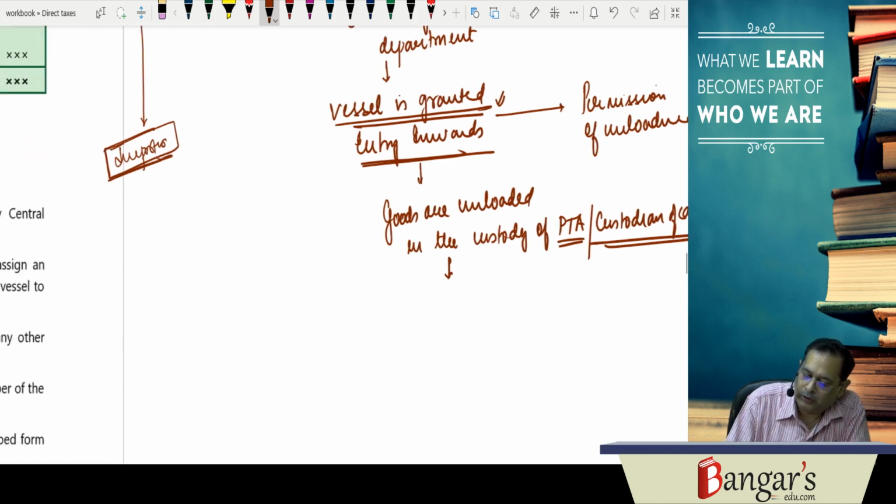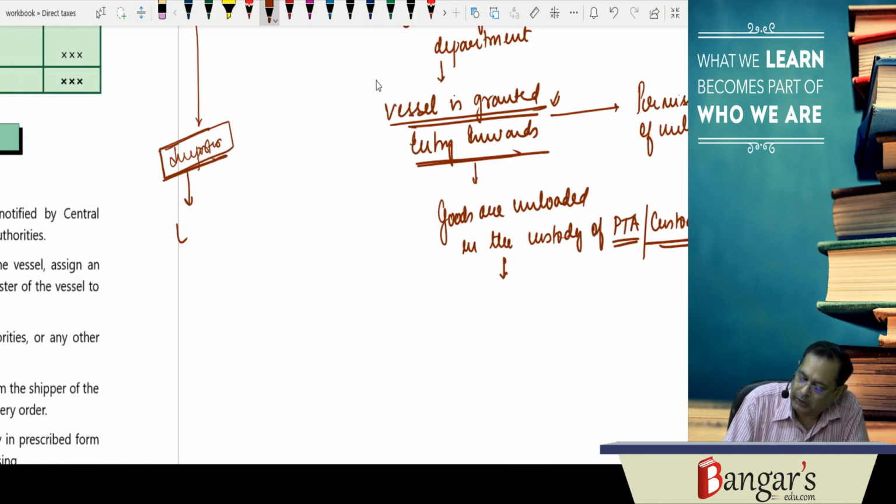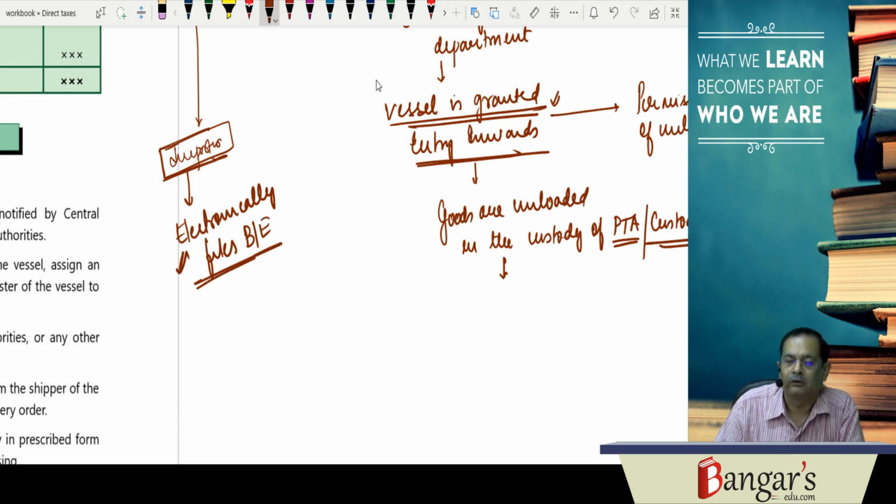Then what happens? The importer electronically files the bill of entry. This bill of entry is assessed by the department, and then the department gives the order for clearance.